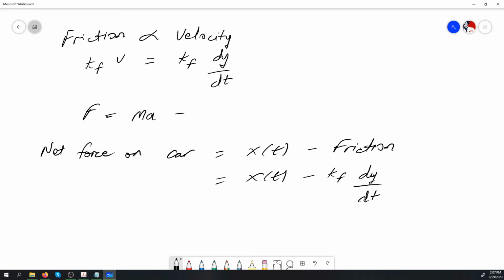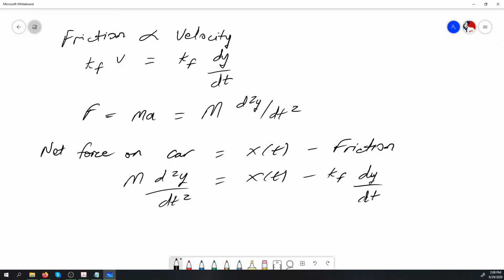Now, because this is F equal to ma being your net force, m here is a constant, but the acceleration is a double differential of y, which is d2y/dt squared. So this entire net force is m d2y/dt squared, equal to this resultant equation.